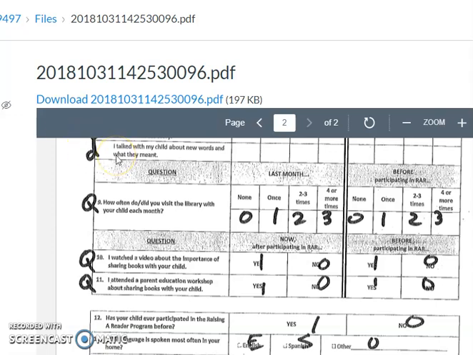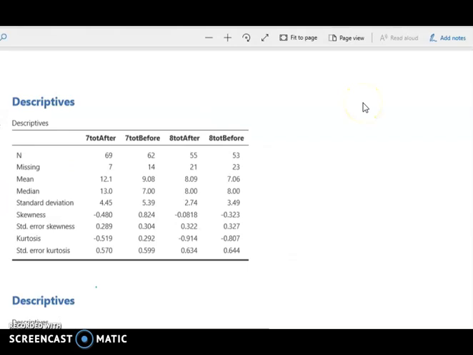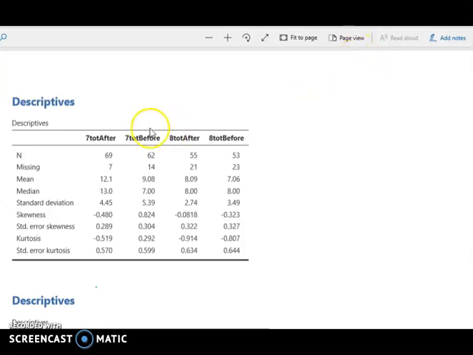It's great to have it handy to pull up as you're going through each one of these questions. So here's our data file, and you can see that I started off looking at this 7 tote A and 7 tote B. These are our multi-item scales. Again, you can go back to the form and look at them.